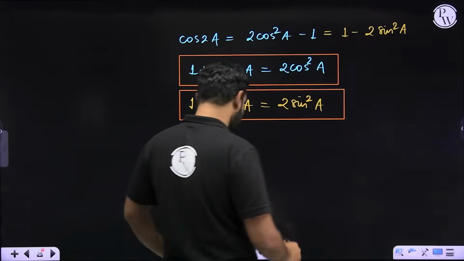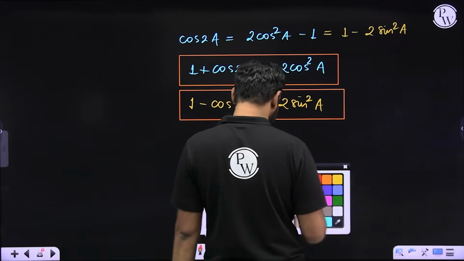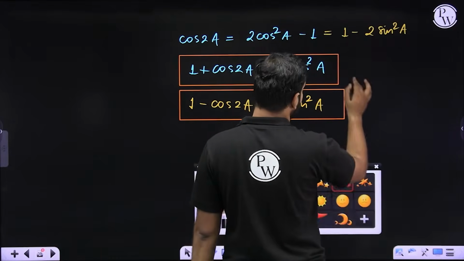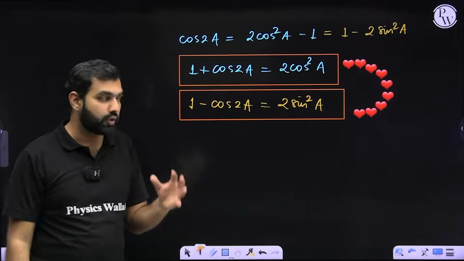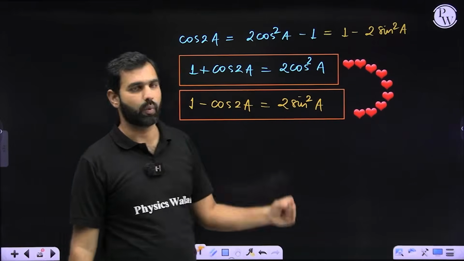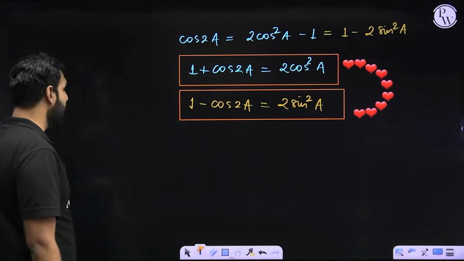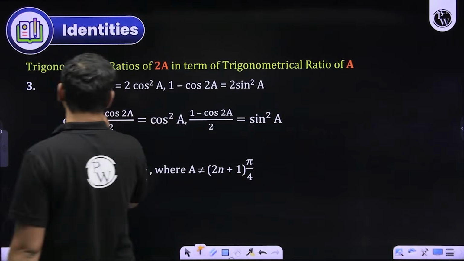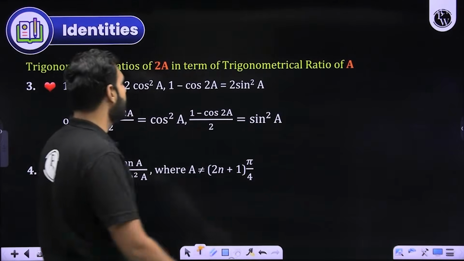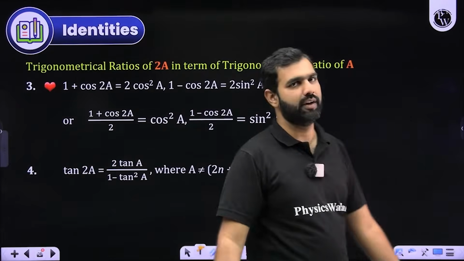So these are the two identities which IIT JEE loves asking, and we will keep using them as per the need of the question. That's exactly what is given over here: 1 plus cos 2a will be 2 cos square a, and 1 minus cos 2a will be 2 sine square a.